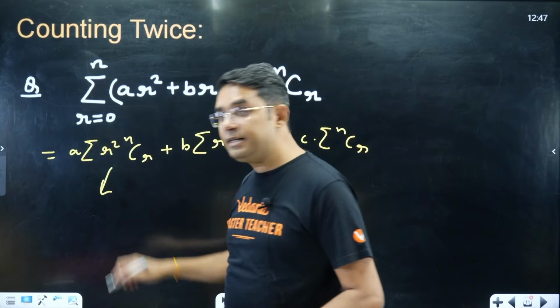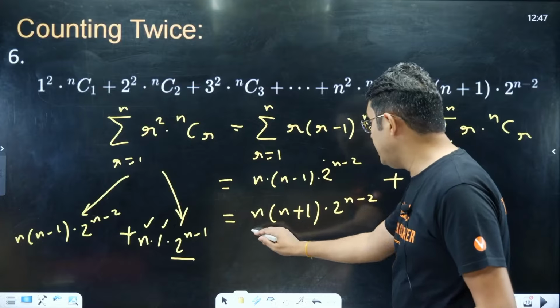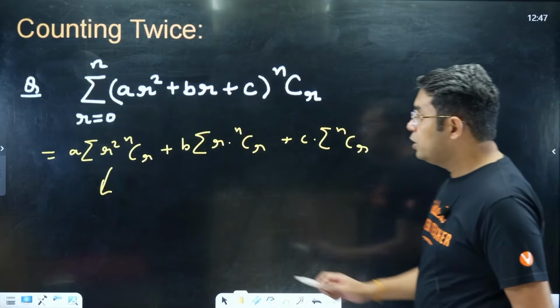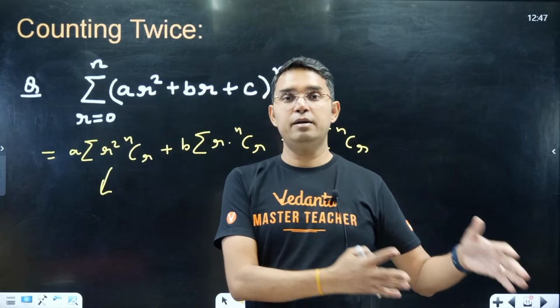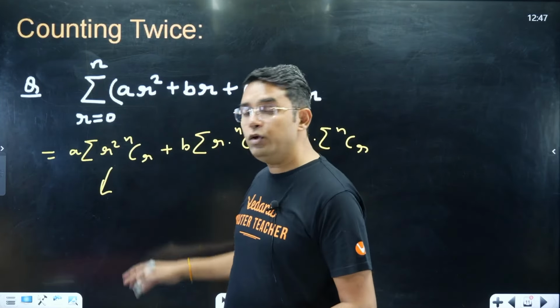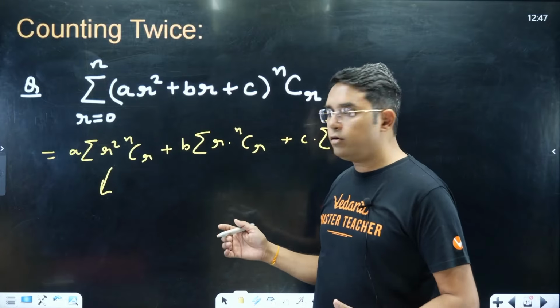Now to get this, you may use the result, if you remember that result, n plus n into n plus 1 into 2 power n minus 2, or you split it as a case where leader and sub leader are different or leader and sub leader are the same. So that way you can do it. In fact, the r cube thing can also be taken care of in a similar way.